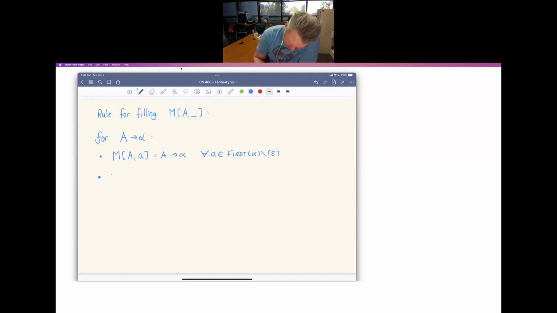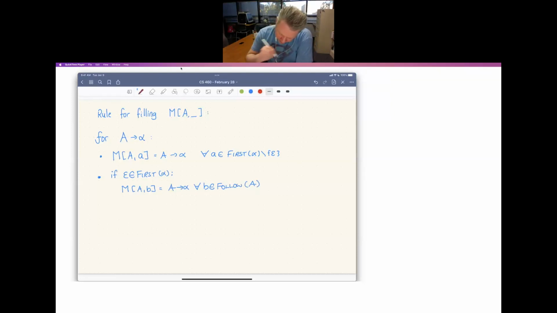And then we said if epsilon is in the first of alpha, then M of A comma b is A goes to alpha for all b in the follow of A. That's how we filled it in.